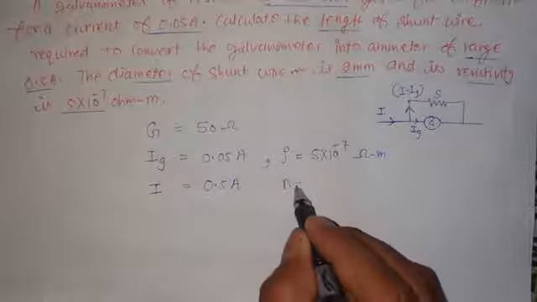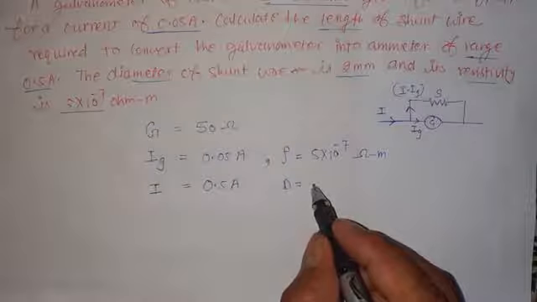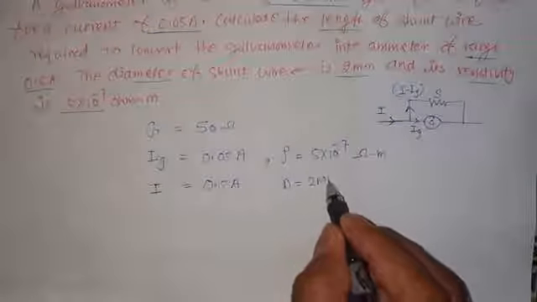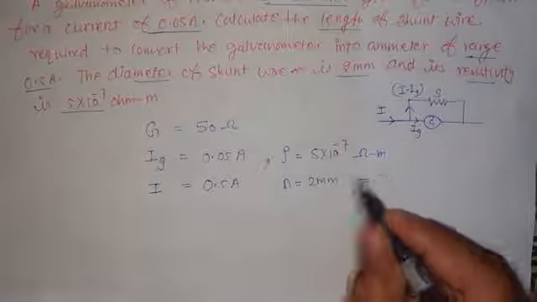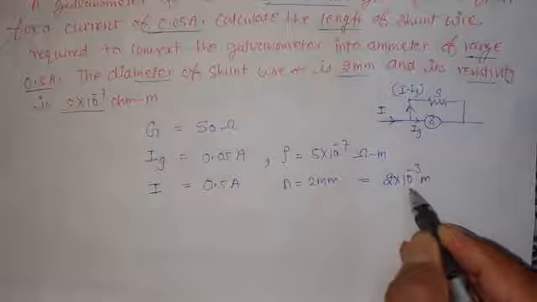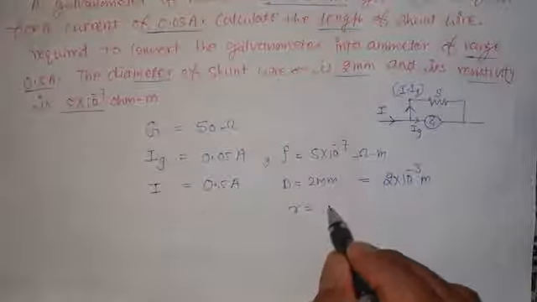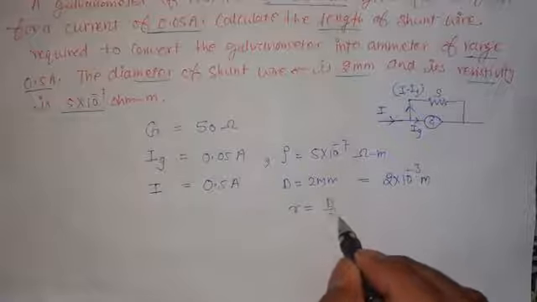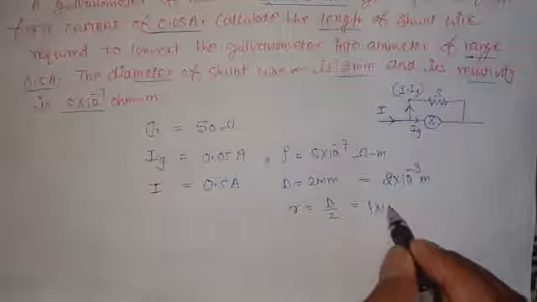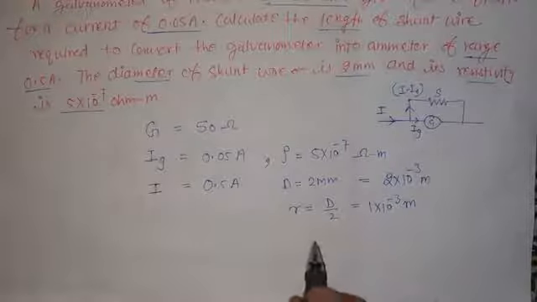And the diameter given to us is 2 mm, and if we convert it into meters, this will be 10 to the power minus 3 meter. So the diameter is known; the radius will be half of the diameter. So it will be 1 into 10 to the power minus 3 meter. Okay, this is the radius of the wire.